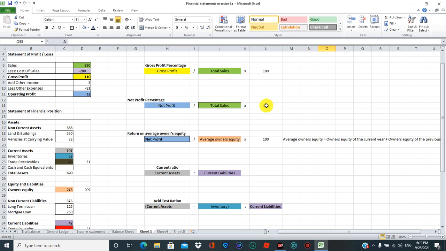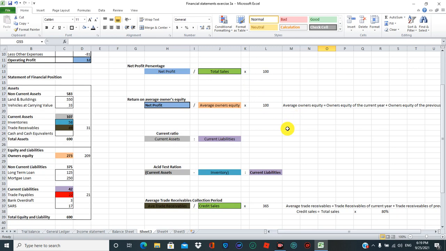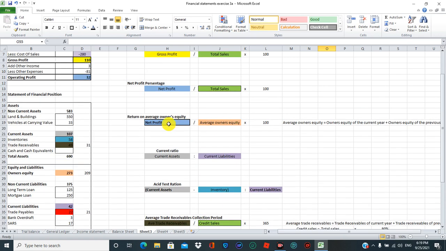Then we've got the return on average owner's equity. Once again, it's your net profit divided by your average owner's equity. The net profit is the dark blue one, that's 32.